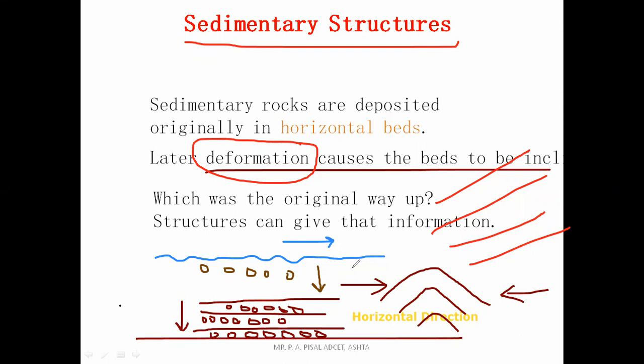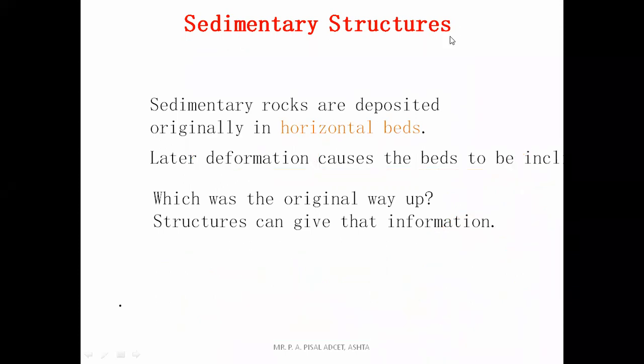These structures give us a hint about the cause of the deformation, meaning why these structures are developed, which is the reason behind the deformation of that horizontal layer, that we can study easily with the help of that structure. Okay, now we will discuss that structure one by one.